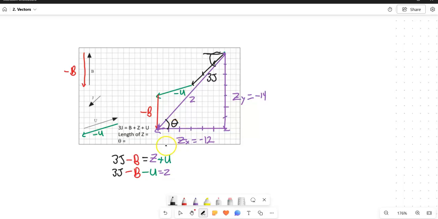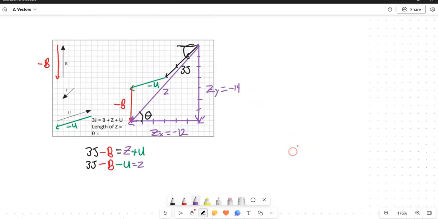Okay. So let's do it together. Let's figure out the length of this z vector right here, this is our z vector length. We need to figure out the total length of that hypotenuse.